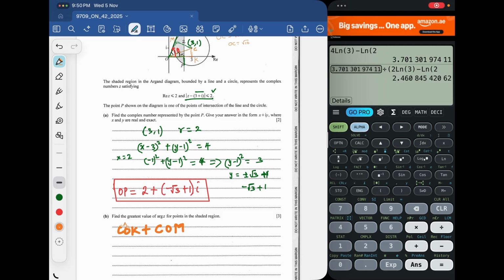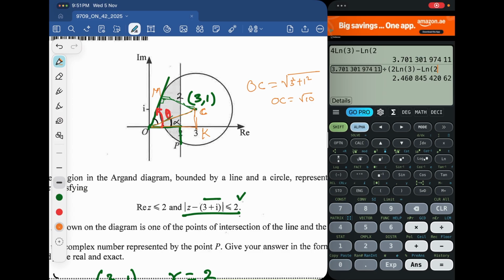So that's what I'm finding. So COK will be tan inverse of, you know that here is 1, right? This is 1. This is 3.